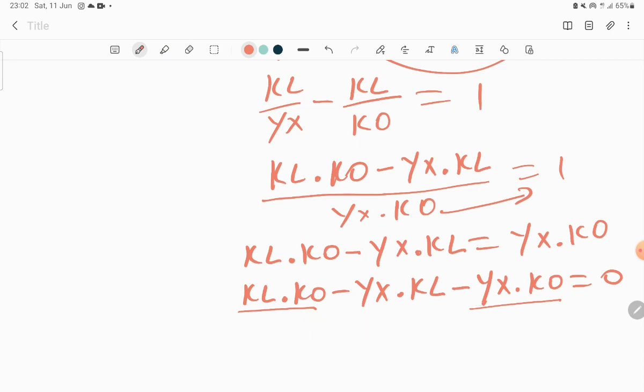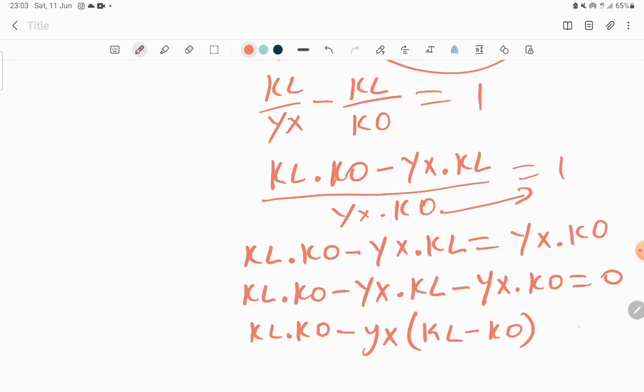On that note, let me just not do that one. Let me just say KL times KO. Then to these ones, let me remove the common factor YX, then minus YX into KL minus KO, is equal to 0.